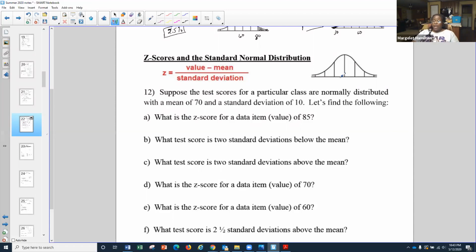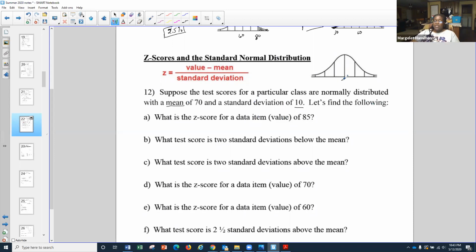Let's construct our graph so we can see what's happening. So the problem reads, suppose the test scores for a particular class are normally distributed with a mean of 70, so there's our mean, and a standard deviation of 10. Let's find the following. So they gave us our mean and our standard deviation. Here we are filling in our table, right? Here's our graph.